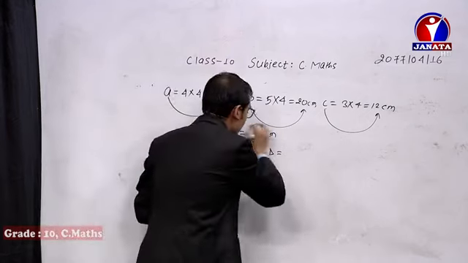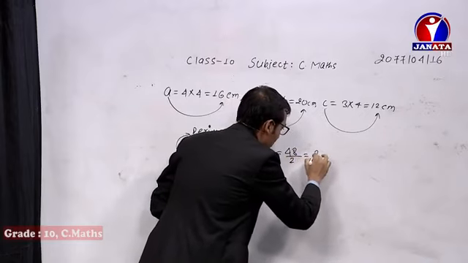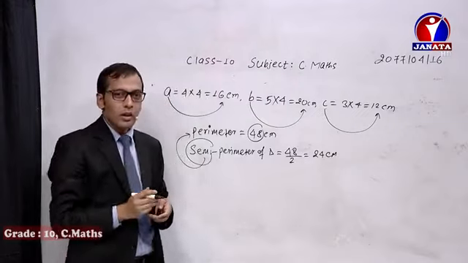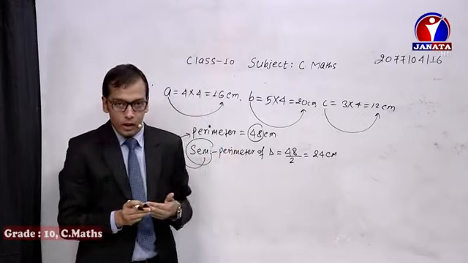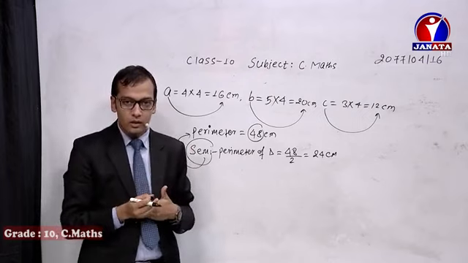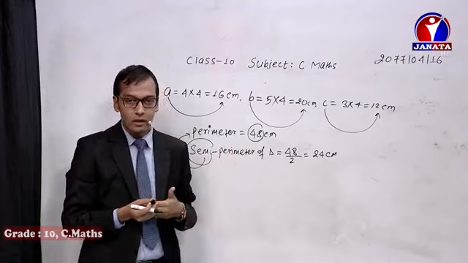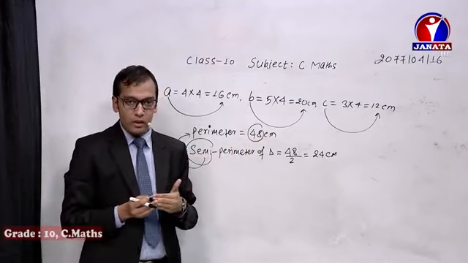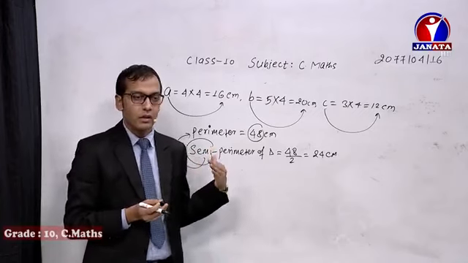So it is simply 48 over 2 is 24 centimeter. Or we can find semi-perimeter by the formula a plus b plus c over 2. But we don't need to do that in this case because perimeter is known. If we divide perimeter by 2, we get semi-perimeter of this triangle.